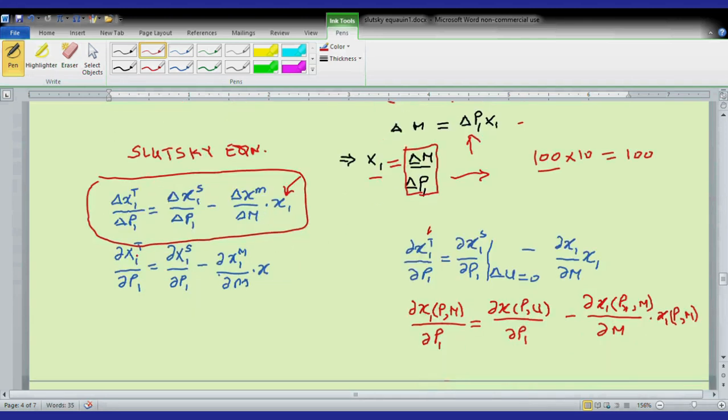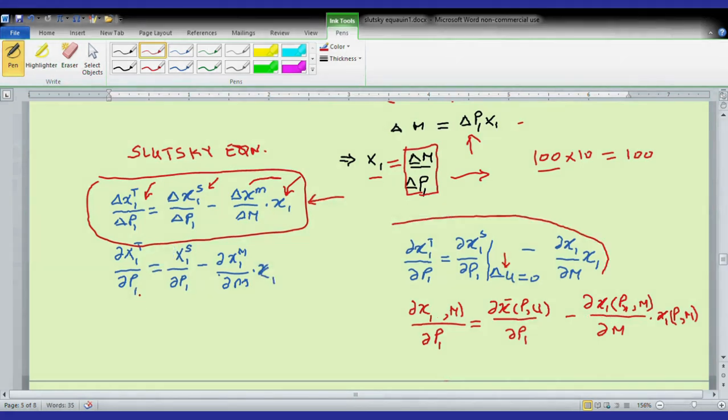If we try to interpret it: the total change in consumption of good 1 per unit price change of good 1 equals the change in consumption of good 1 per unit price change of good 1 due to the substitution effect, minus the change in consumption of good 1 per unit price change of good 1 due to the income effect.